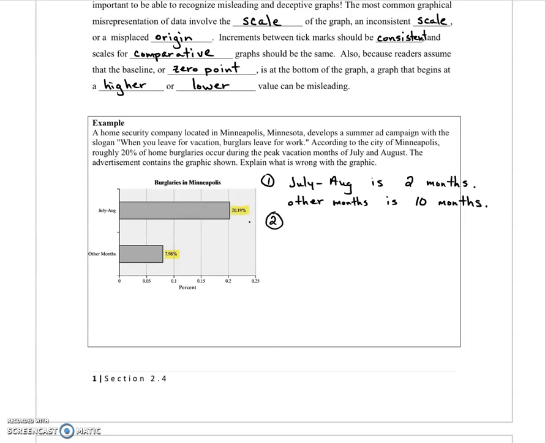Okay, what's another problem? We've got these two percentages I talked about. You would think that the percentages should add up to be 100, right? But they don't. So something's missing, or something's wrong, but they should add up to be 100%. Well, maybe it's 7.98% for each one of those 10 months.